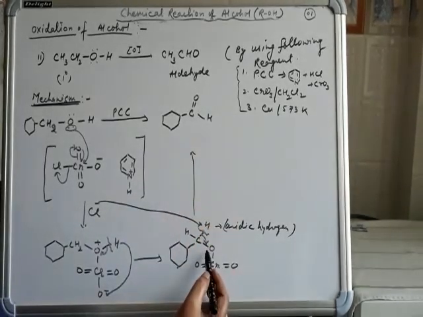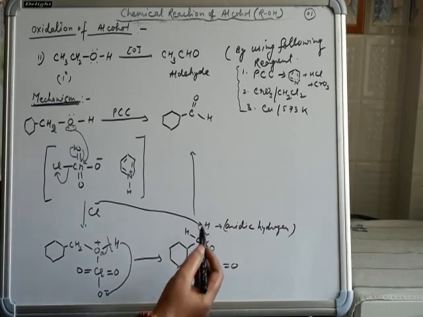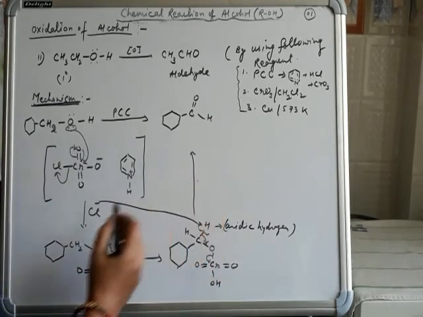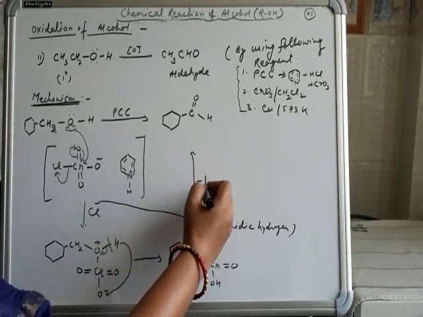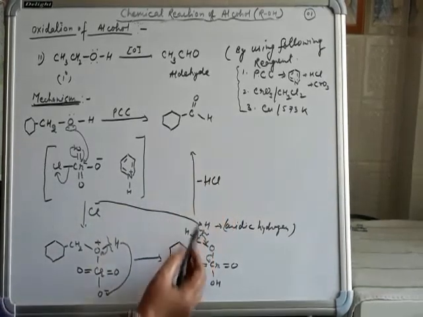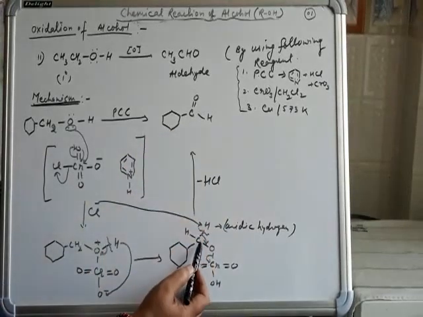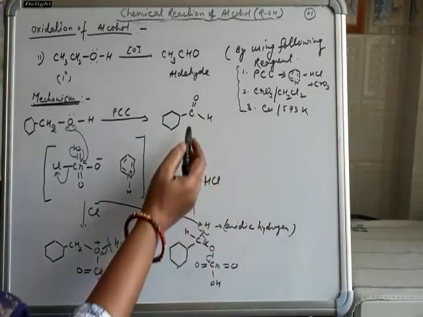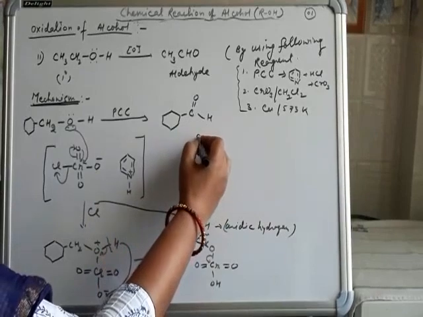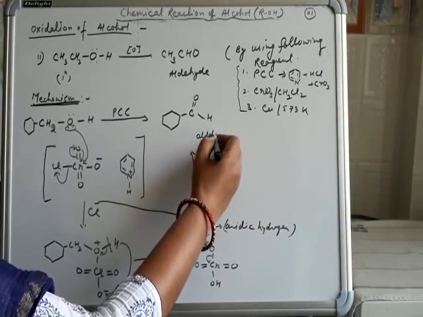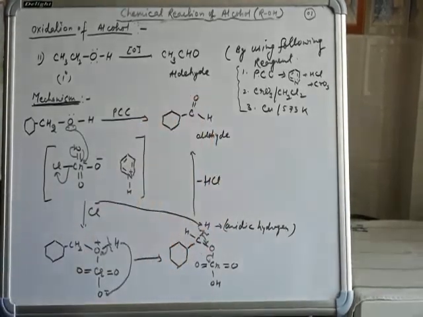In that condition, the bond between oxygen and chromium shifts towards chromium. Now removal of hydrogen chloride takes place, and see, in this compound the carbon has a double bond, and the formation of aldehyde takes place.